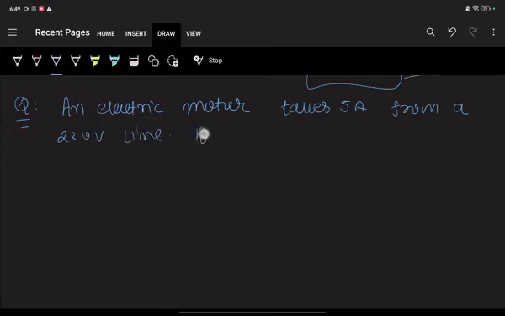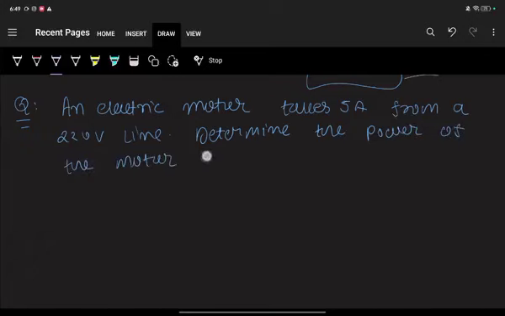Determine the power of the motor and the energy consumed in 2 hours. Can you do this? Yes, sir. Try this.